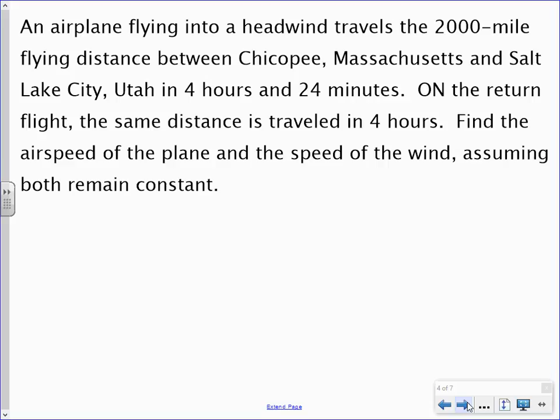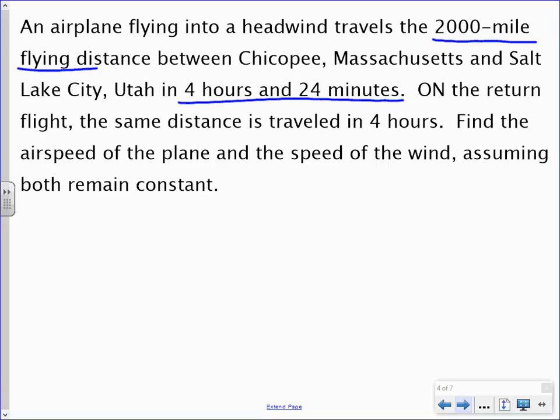Okay? So, an airplane flying into a headwind travels a 2,000-mile flying distance. Okay? So, our airplane is flying 2,000 miles. That's important. I don't really care where they're flying to. And flying there, it takes 4 hours and 24 minutes.